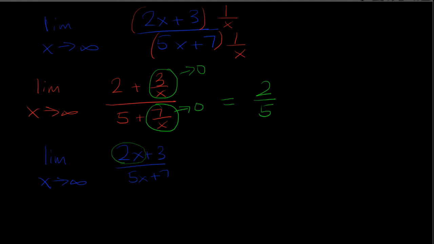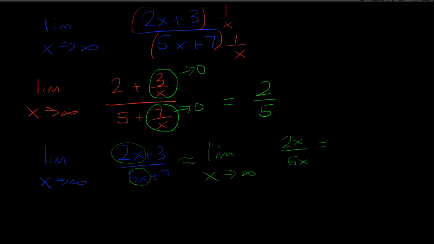And on the bottom, 5x and 7, well, 7 is always going to be 7, but 5x is going to go to infinity. So that's going to be more dominant. So really, we can write this as the limit as x approaches infinity of 2x over 5x.